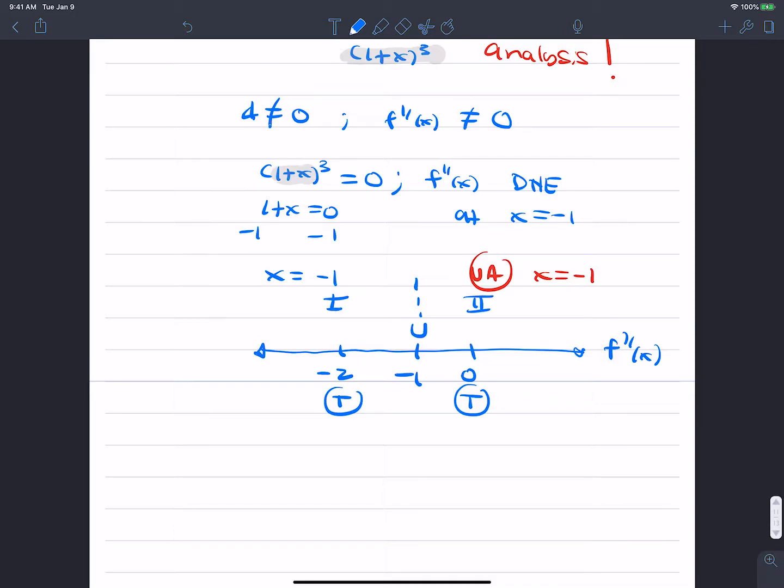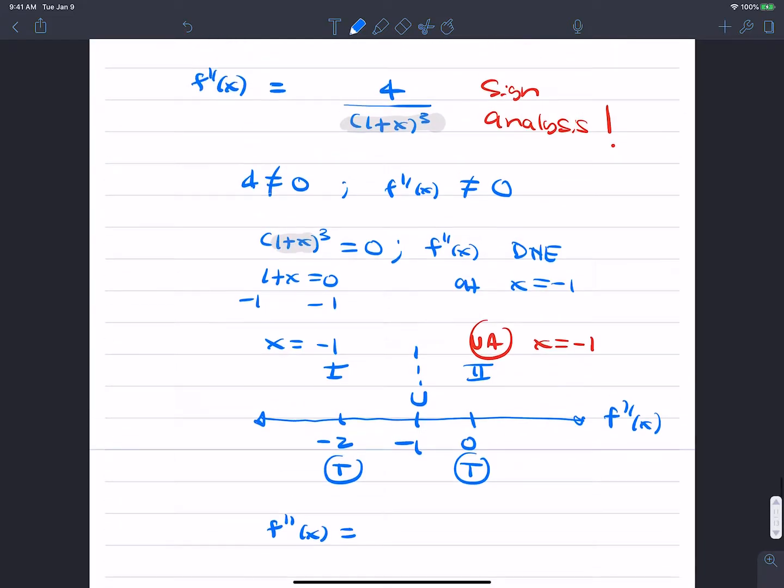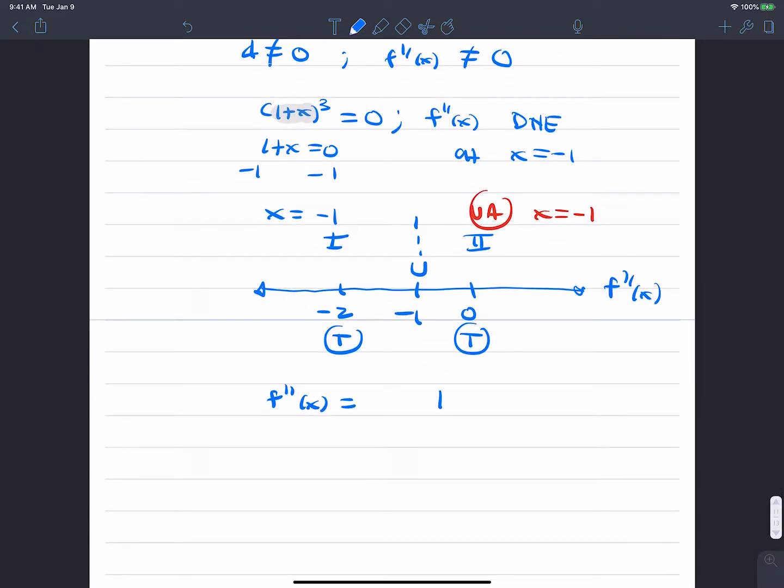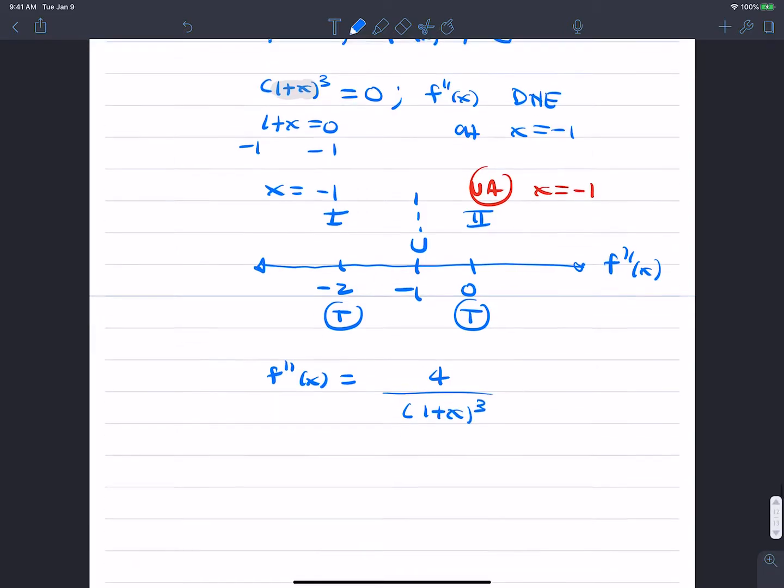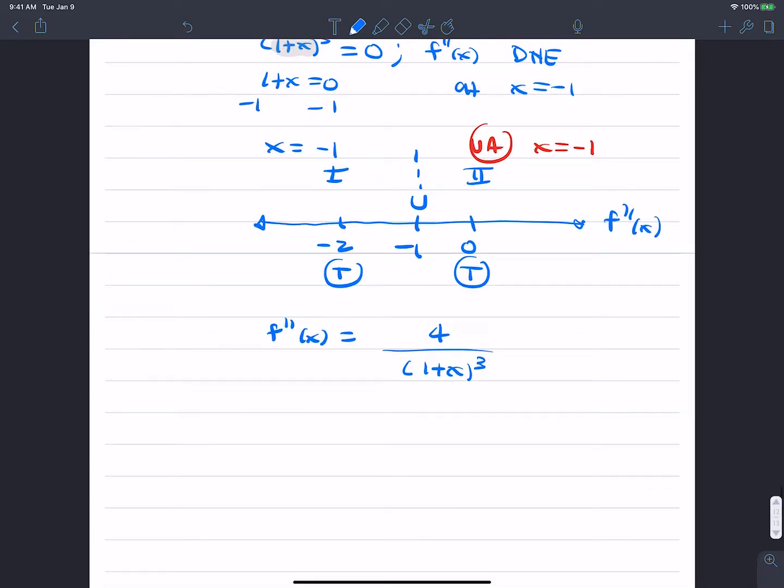And now we have to test what function, though? You test now the second derivative. And the second derivative is actually 4 over 1 plus x to the third power here. Now, I'm going to say something to you guys that's going to be interesting in that you can plug in the values. Okay, you can say, I'm going to test -2, so I'm going to plug in -2 here, right?